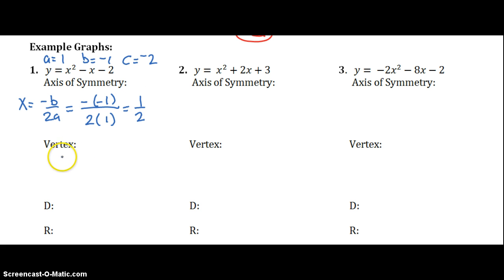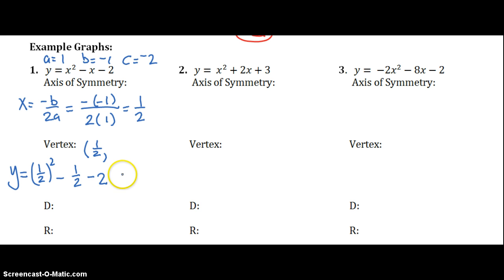All right, what is our vertex? Well, I know the x coordinate is going to be 1/2, and I need to find the y coordinate. So to find the y coordinate, we go back to our original equation, y equals x squared minus x minus 2. We're going to plug in 1/2 squared minus x, which was 1/2, minus 2.